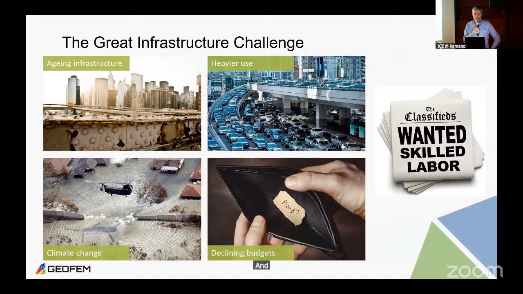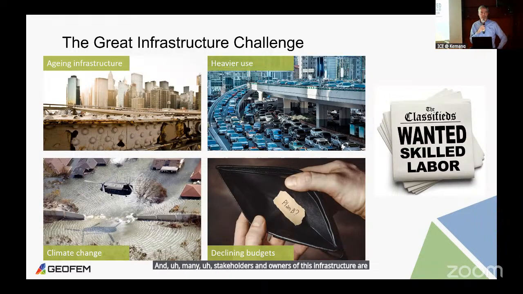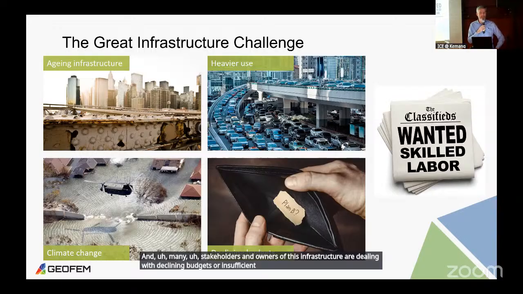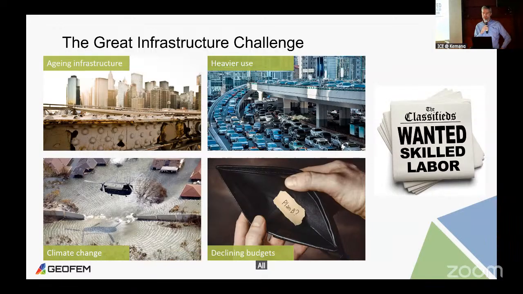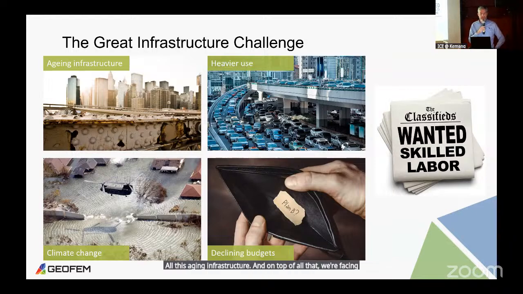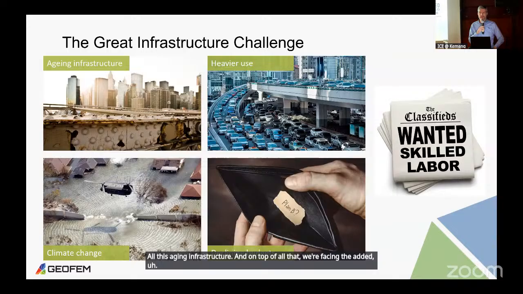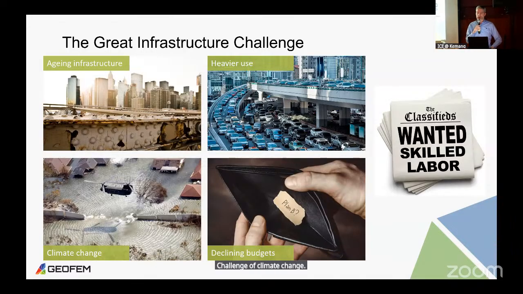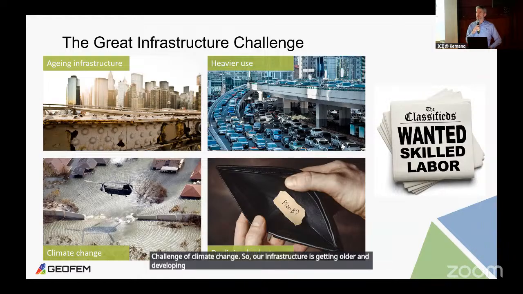And many stakeholders and owners of this infrastructure are dealing with declining budgets or insufficient budgets to deal with all this aging infrastructure. And on top of all that, we're facing the added challenge of climate change. So our infrastructure is getting older and developing defects that we need to be looking for.